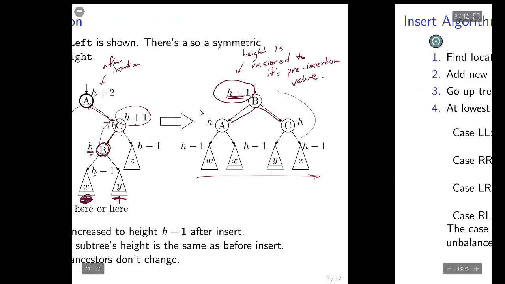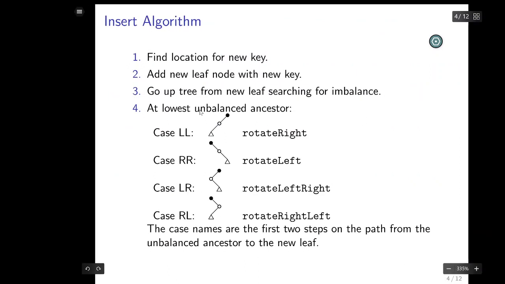Okay, everybody good? Here's the code for doing insert. Find the location for the new key, just like you normally do. You follow the left and right children depending on the value of your key compared to the root value, and you add a new leaf with the new key at the bottom of the tree. And then either you follow parent pointers or you return from your recursion.